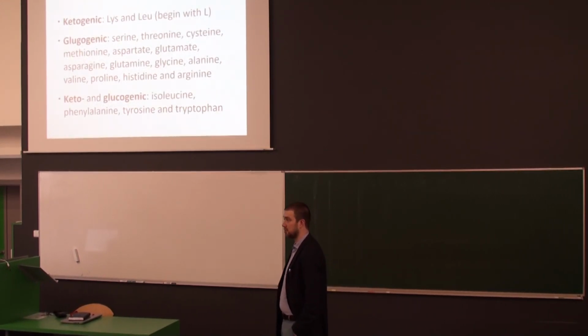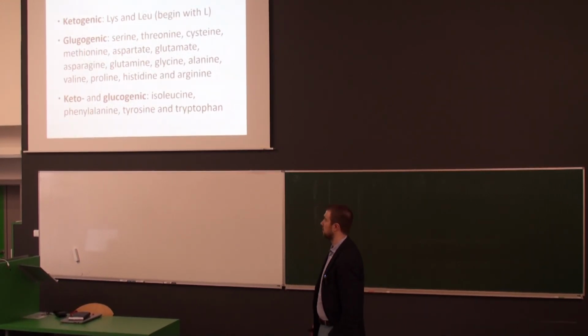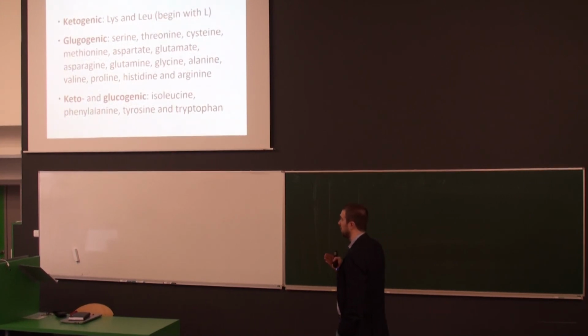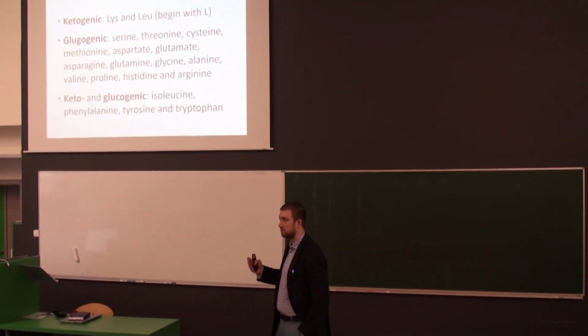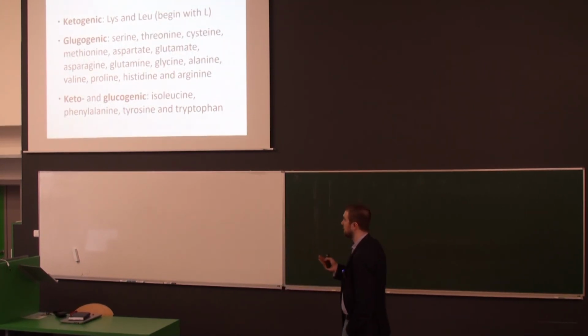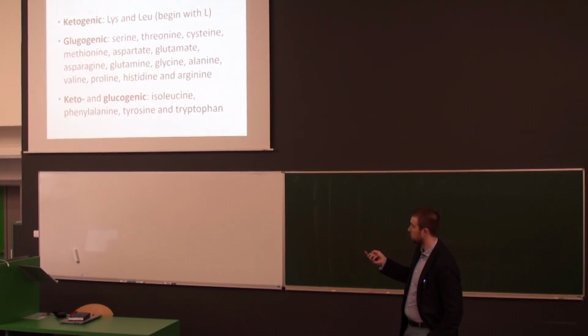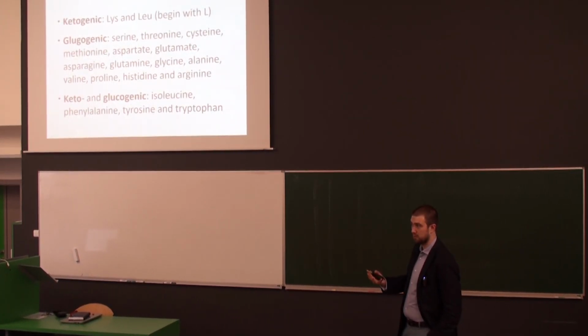So we can ask you not only on the distribution, that means whether the amino acid is glucogenic or ketogenic, but we can ask you whether from this amino acid we can form glucose. So that means that from all these amino acids you can form glucose.